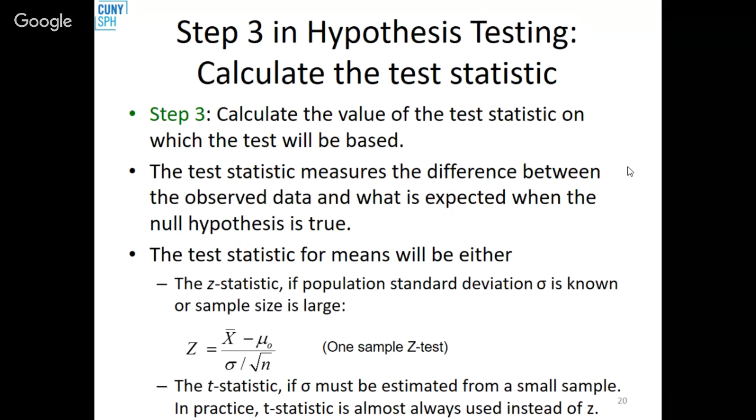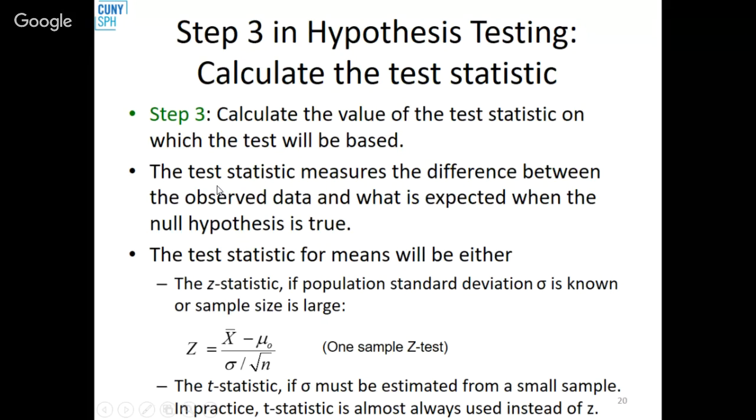So this third step, all hypothesis tests are based on calculating a test statistic. So we've only done Z and T so far. There will be other ones, but this is a key step in all null hypothesis significance testing.